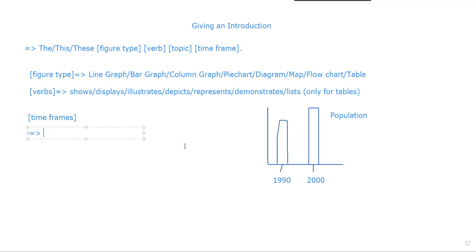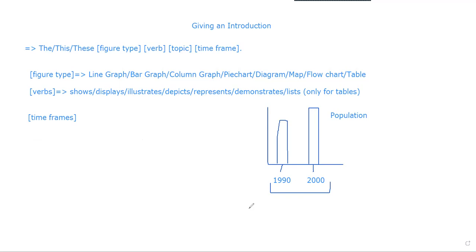For example, there are two different methods to mention the time frame. The first one is looking at the entire time that has passed. Completely, how much time has passed? Can anyone tell me the entire time that has passed for this figure? What is the entire duration that has passed for this example?